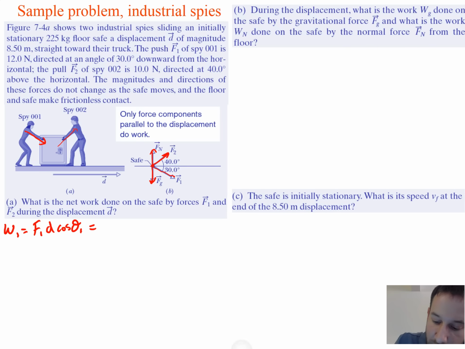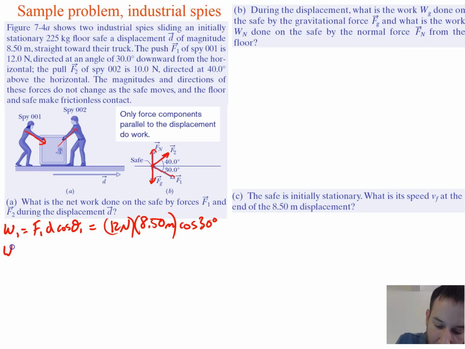So this is equal to the force, 12 newtons, times the distance, 8.50 meters, times the cosine of 30 degrees, because we want the component that's going along that axis.